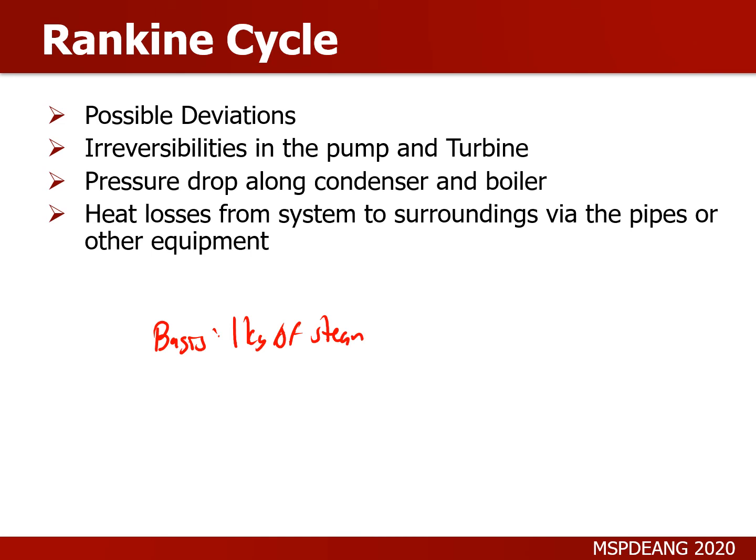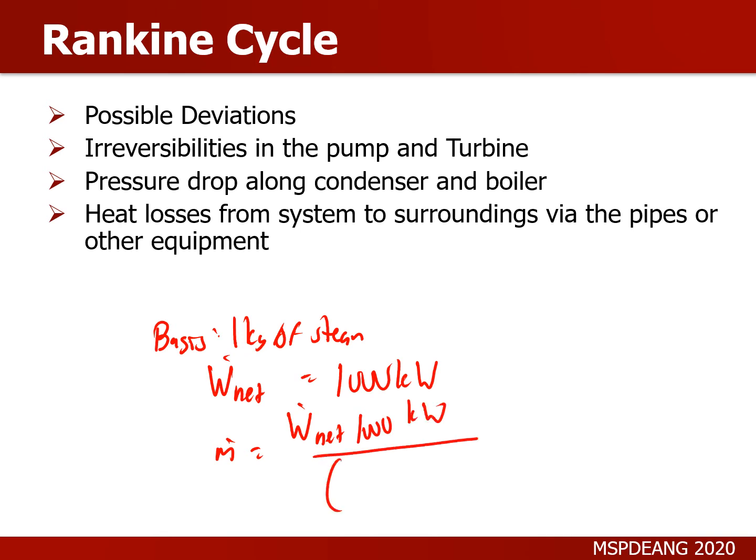For example, given that the net work of our cycle is 1000 kilowatts, to get the mass flow rate of steam, this is simply equal to the net work, which is 1000 kilowatts, divided by the specific net work, which is usually in kilojoules per kilogram. And from here, you can now get the mass flow rate in kilograms per second.